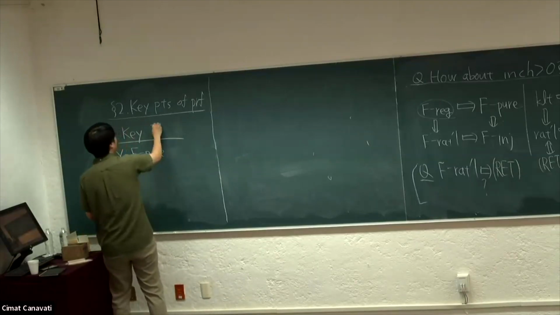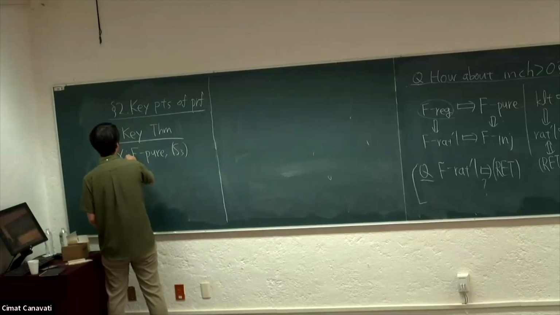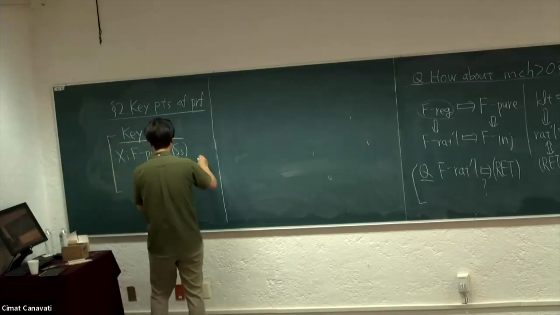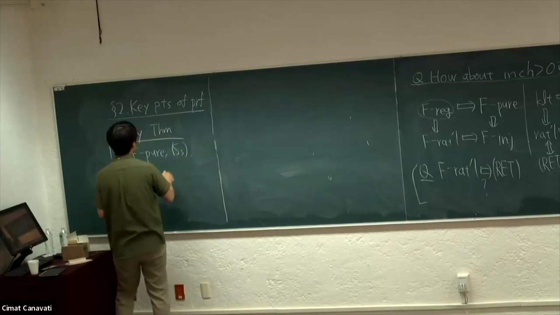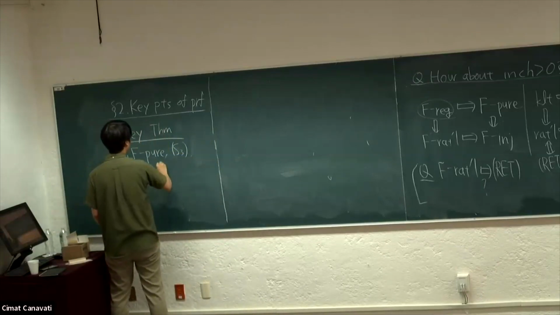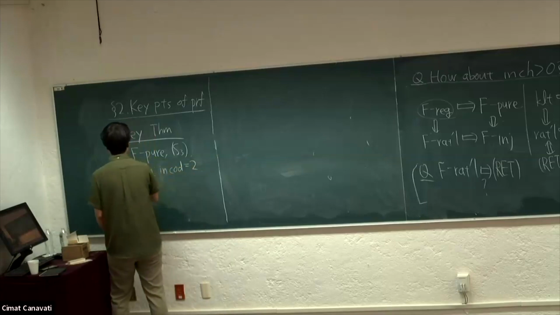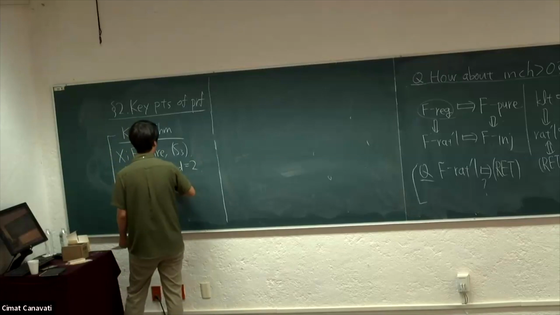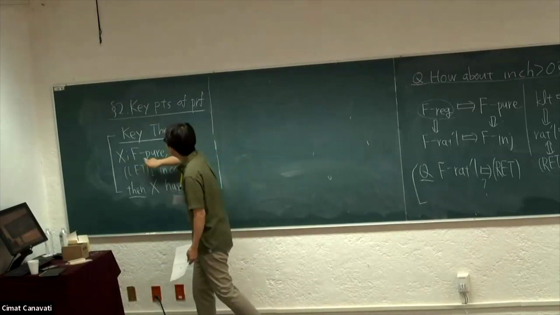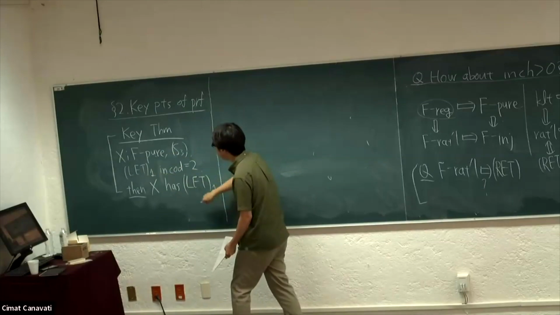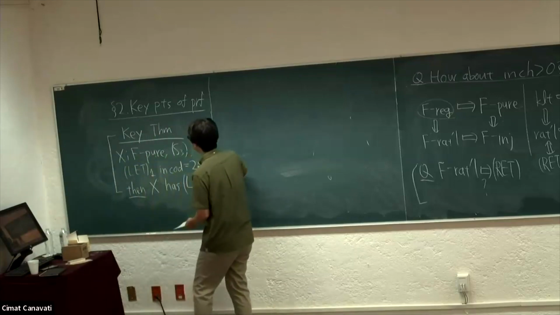It says that if X is F-pure and satisfies the tail condition S3 and has dimension 2, then to verify the log extension theorem we need only check the log extension theorem in dimension 2.